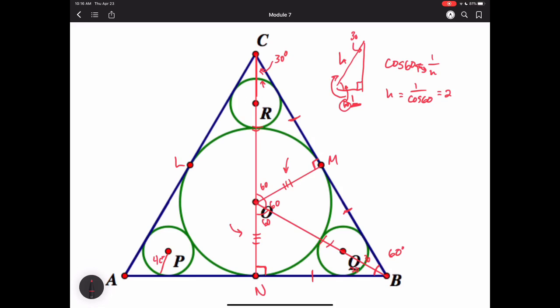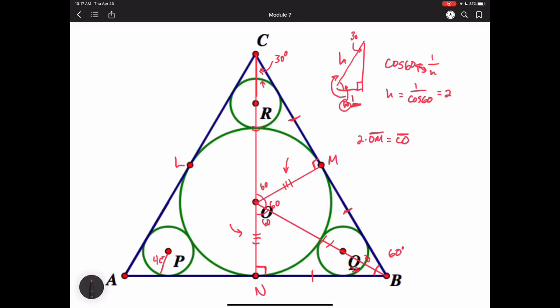All right, so I'm going to say, well, if OM, I'm not even going to name it right now, but I'm going to say that twice the length of OM is actually going to be equal to, let's see, segment CO, okay?